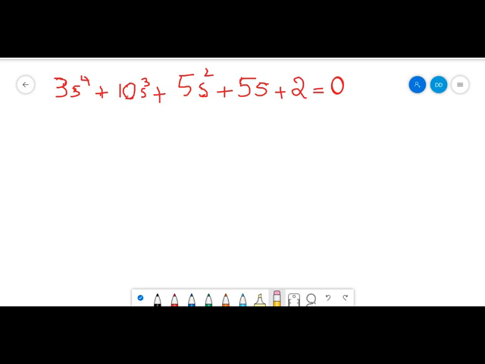To go for the sufficient condition, we need to construct the Routh's array. So we will start constructing the Routh's array. Our highest power of s is 4, so we'll start with s^4, s^3, s^2, s^1 and s^0.